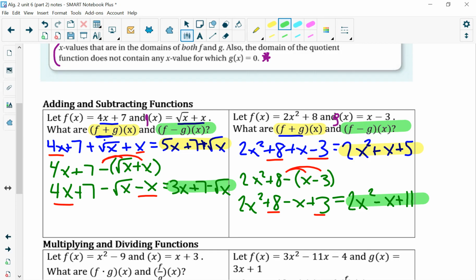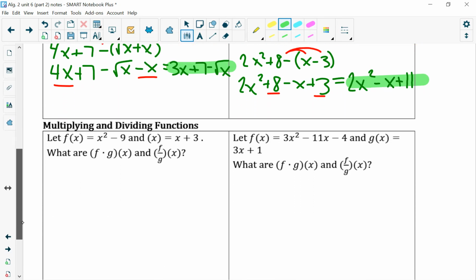And for f minus g of x, 2x squared minus x plus 11. If you don't get the answer that you should have, make sure you always pause the video to look back at your work and compare it to the work presented here to make sure you're on the right track before you resume.